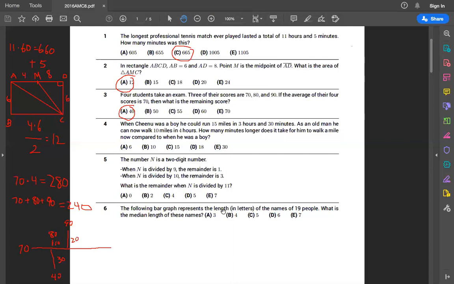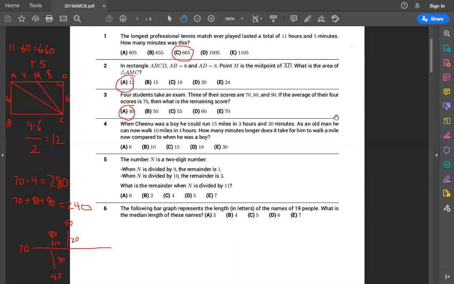So we have, when Shinu was a boy, he could run 15 miles in 3 hours 30 minutes. And as an old man, he can walk 10 miles in 4 hours. We want to know how many minutes longer it's taking him to walk a mile now. So this is a rate problem, so we want to find out how many minutes per mile he takes as a boy and as an old man.